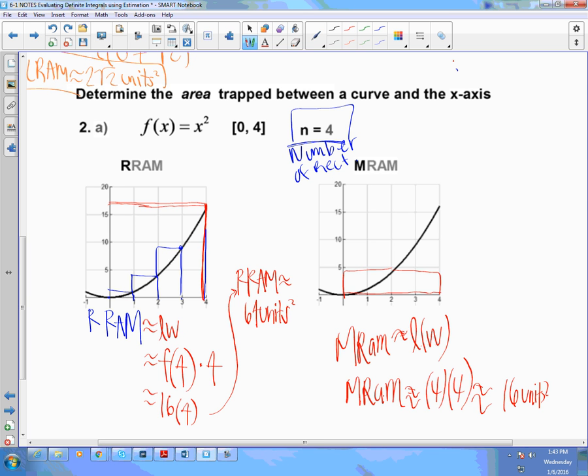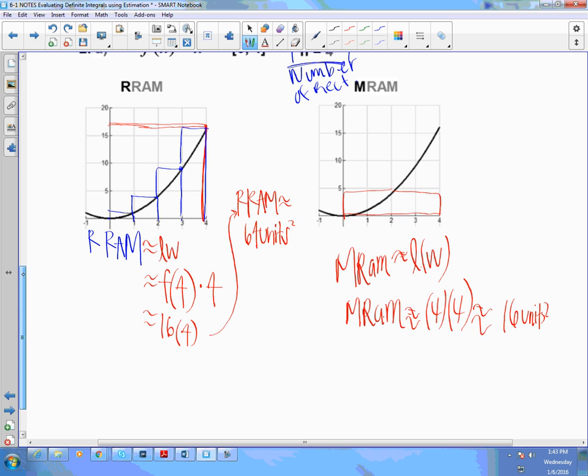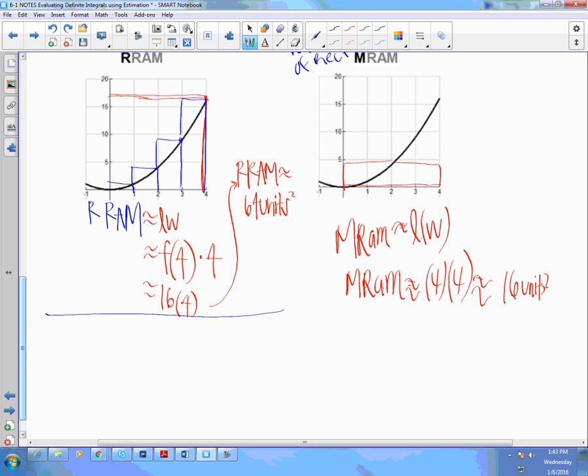More rectangles. Obviously that red box that Matthew drew was way overestimating, right? So when we calculate the right rectangular approximation over rectangles, they all end up having the same width, which is 1, right? And all the right endpoints in function notation, do I start with a 0 for my right endpoints?